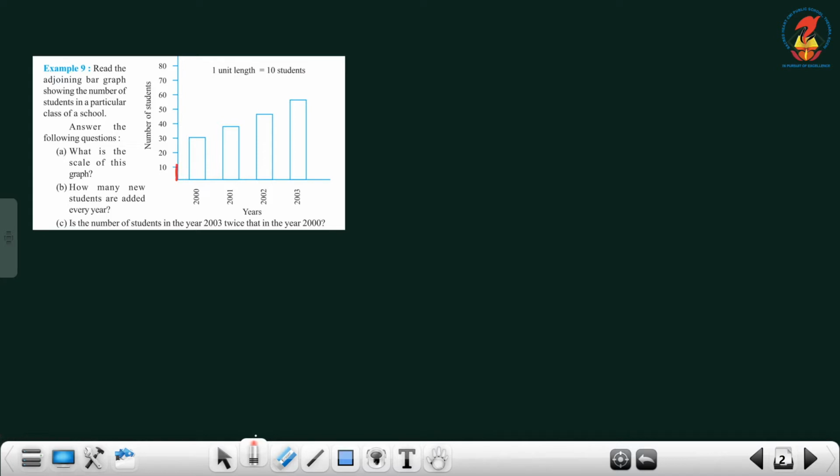You can take it as 5, multiple of 5, multiple of 2, 3, anything you can take, but it should be equal. So, 10, 20, 30, 40, 60, 70, 80, 90, etc. And here you have to take the years. This is known as x-axis or horizontal line, and this is the vertical line, that is known as y-axis.